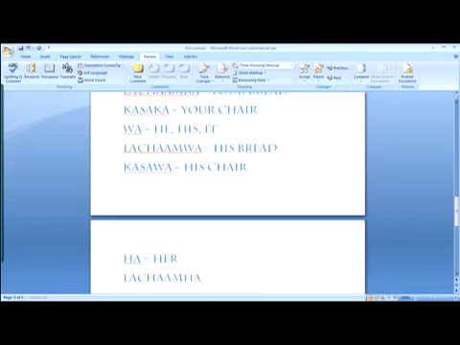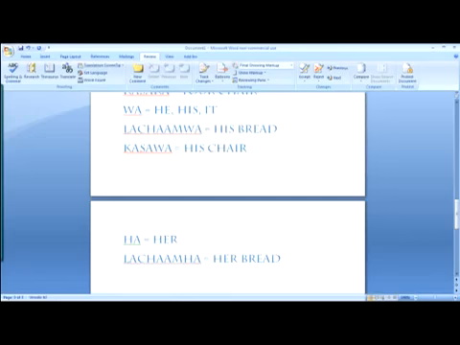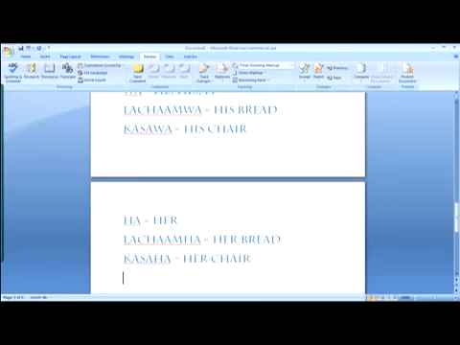Lacham ha literally means her bread, because you're speaking about a woman, a female. So it would be her bread, lacham ha. Same thing with chair, kasa ha, which means her chair. So her bread and her chair. Another example is like the word Adam, the name Adam.